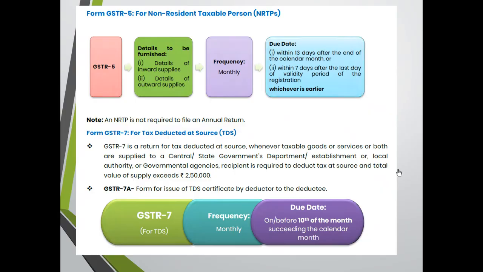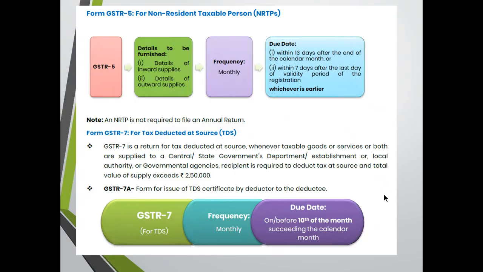So in that way, government departments, at the time of receiving any goods or services from a single supplier of more than 2.5 lakh rupees, would be required to deduct 2% TDS on such amount while making payment to the suppliers.